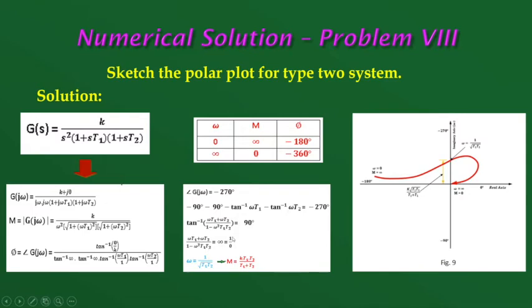Then 90 means 1 by 0, that means infinity, tan infinity. Then from this equation we get omega. If this value is put in the magnitude, we get M equal to k into t1 t2 divided by t1 plus t2 at that point. This is the magnitude, and the omega value at that point is 1 by root over t1 t2.